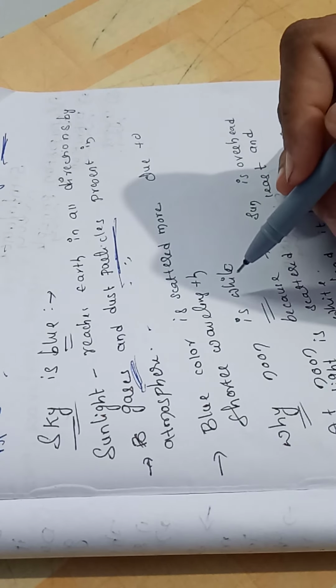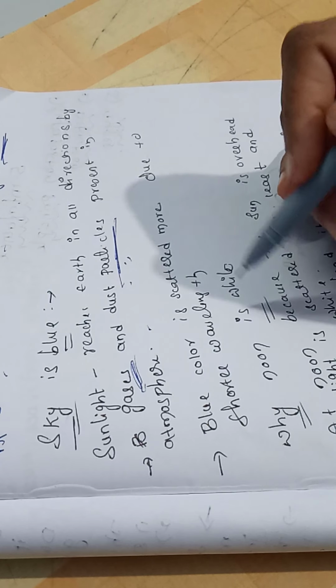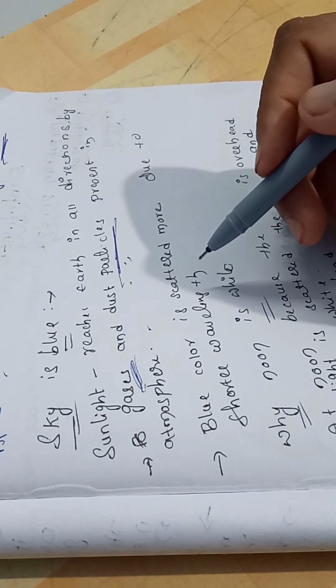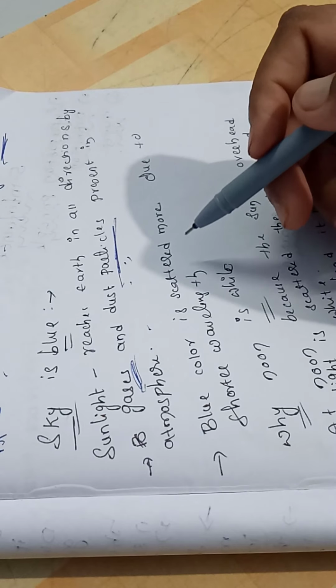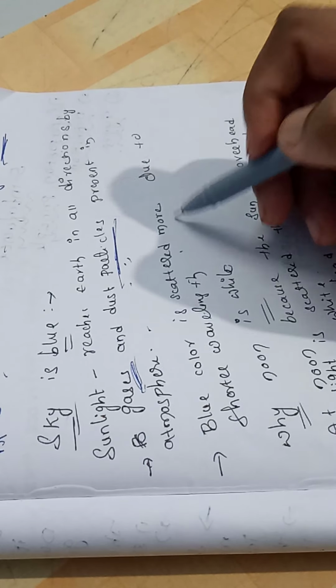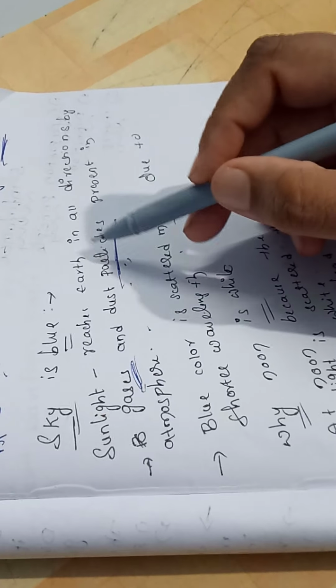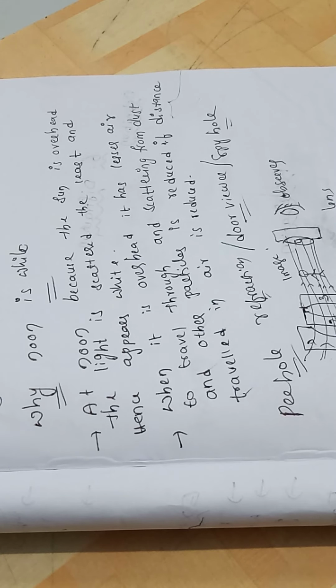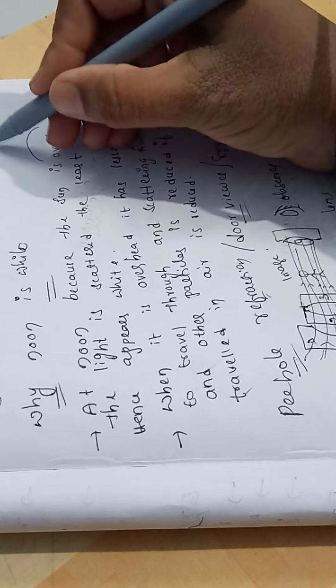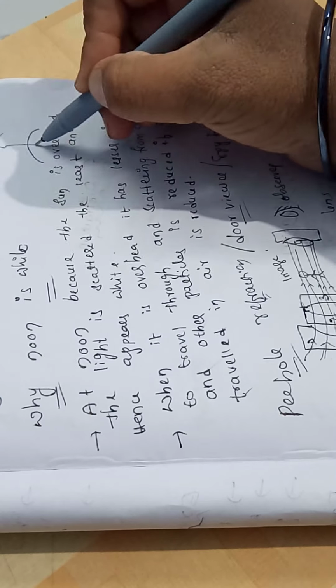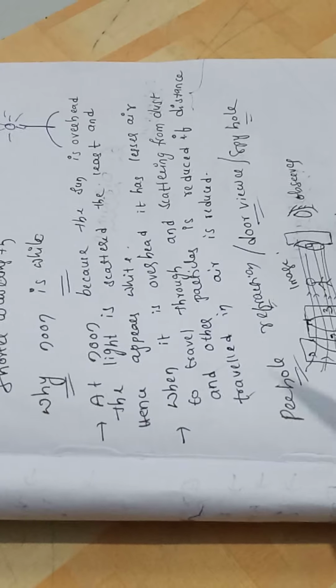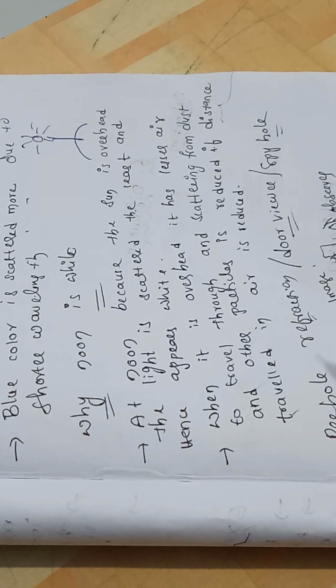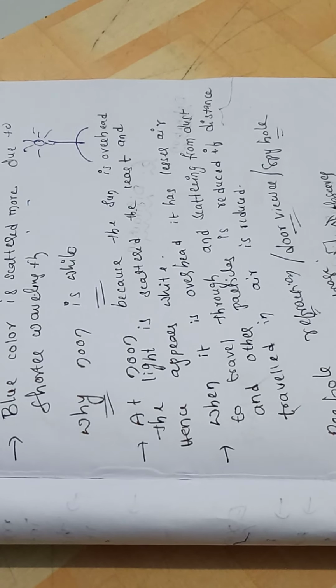As blue color has a shorter wavelength, these particles scatter blue more compared to other colors. So as blue is scattered more, we find the sky as blue. At noon time, what happens? We find the sky with white color. Why? Correct, the sun will be overhead of the earth. So here the scattering of light is least and we will find white color.